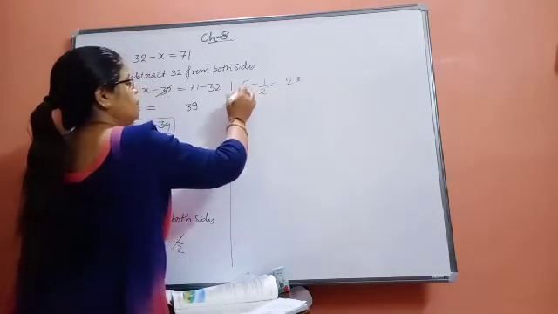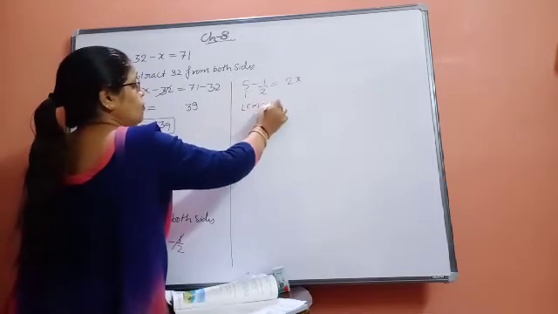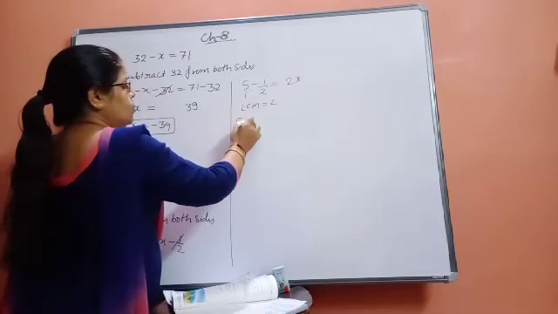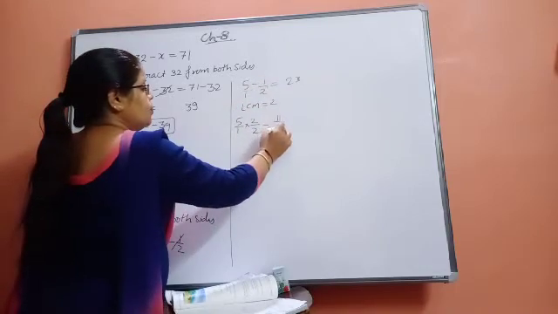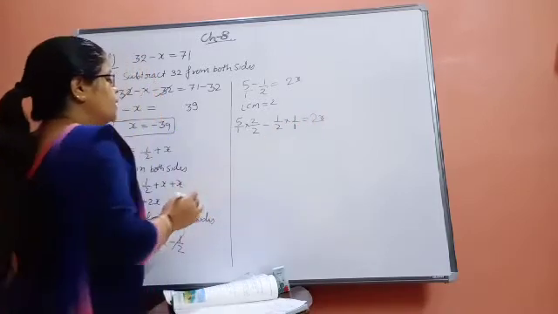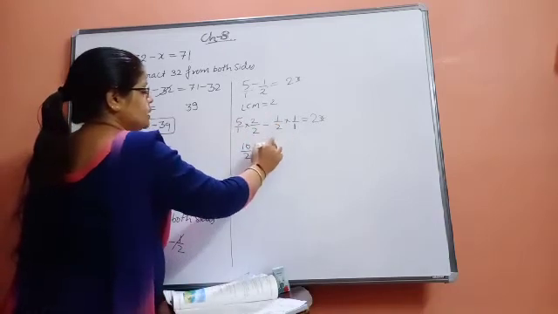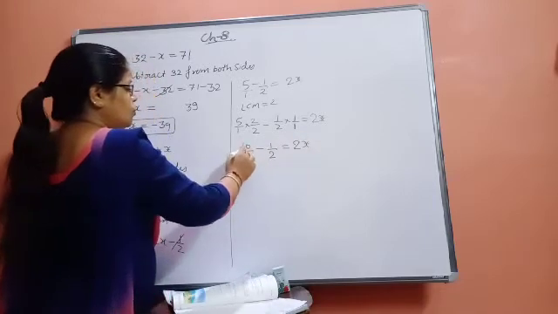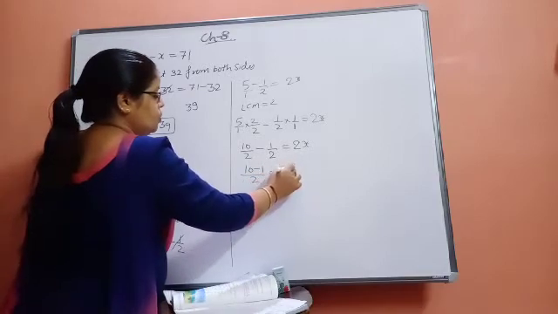The LCM of 1 and 2 will be 2, so make the denominator 2. Multiply by 2: 5 upon 1 into 2 upon 2 minus 1 upon 2 is equal to 2x. So 5 twos are 10 upon 2 minus 1 upon 2 is equal to 2x. In the numerator it will become 10 minus 1, and the whole upon 2 is equal to 2x.